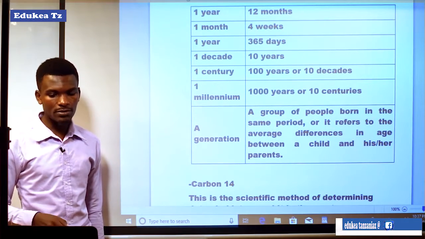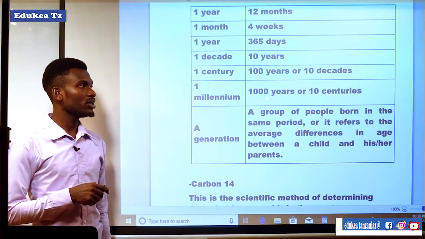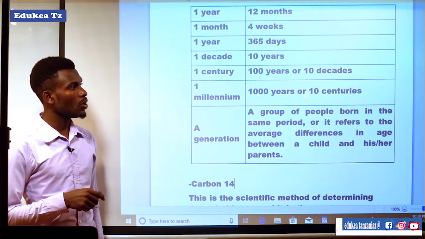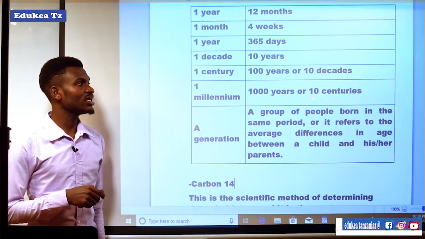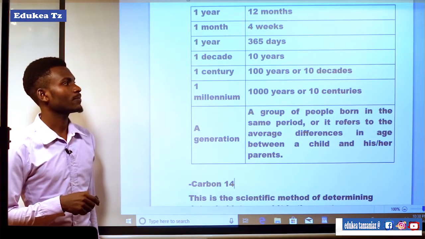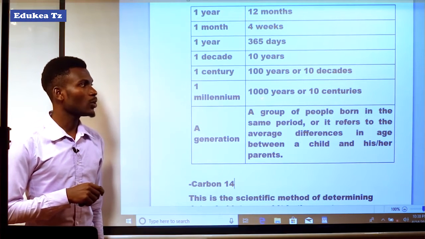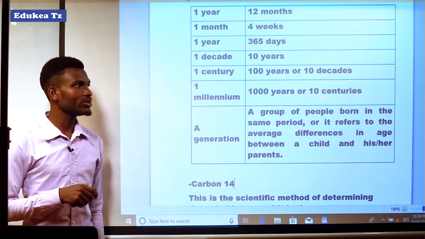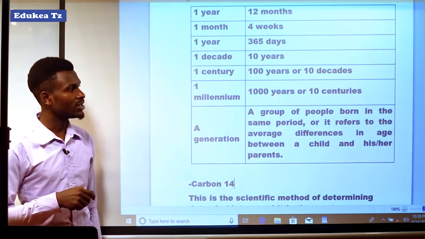And a millennium is equal to 1,000 years, or 10 centuries, or 100 decades.